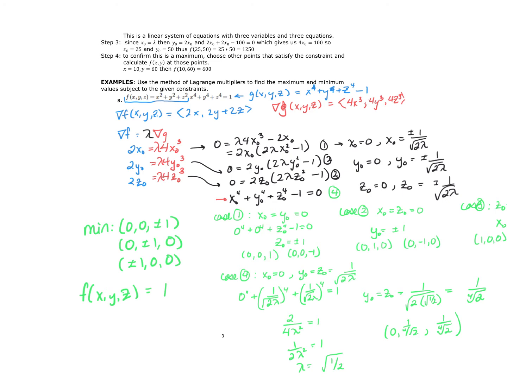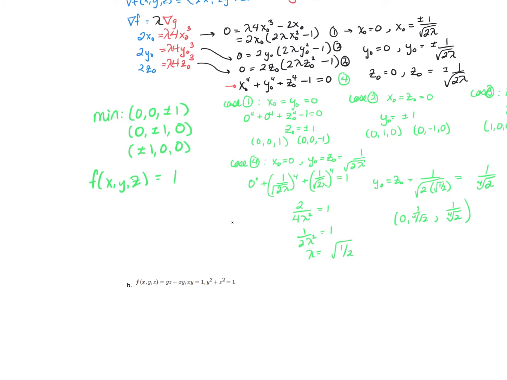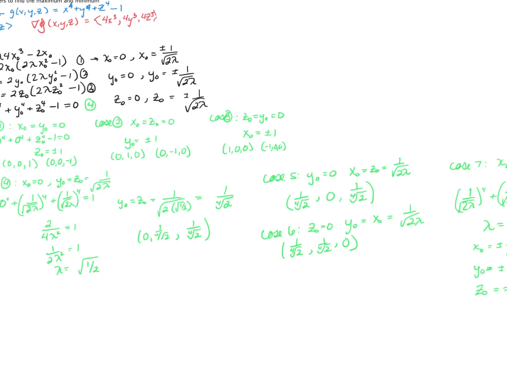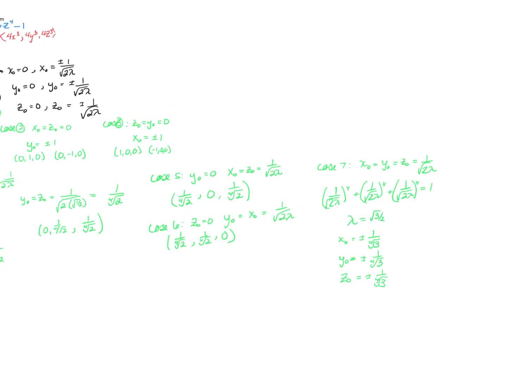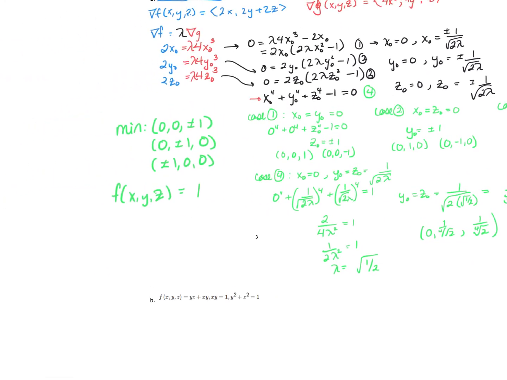Now, the place in which I'm going to have the largest, my maximum, is when I have the last case over here, which was 1 over the 4th root of 3. That's going to be my maximum.